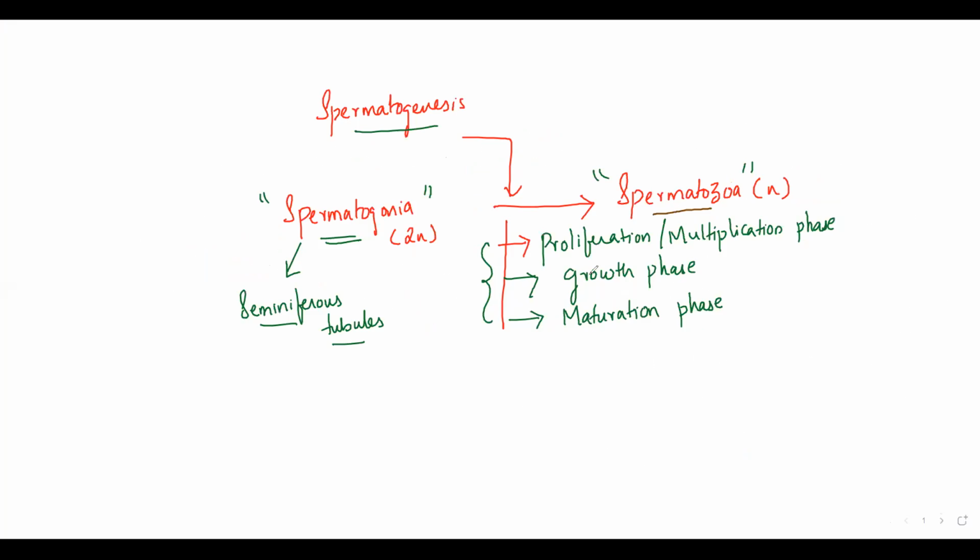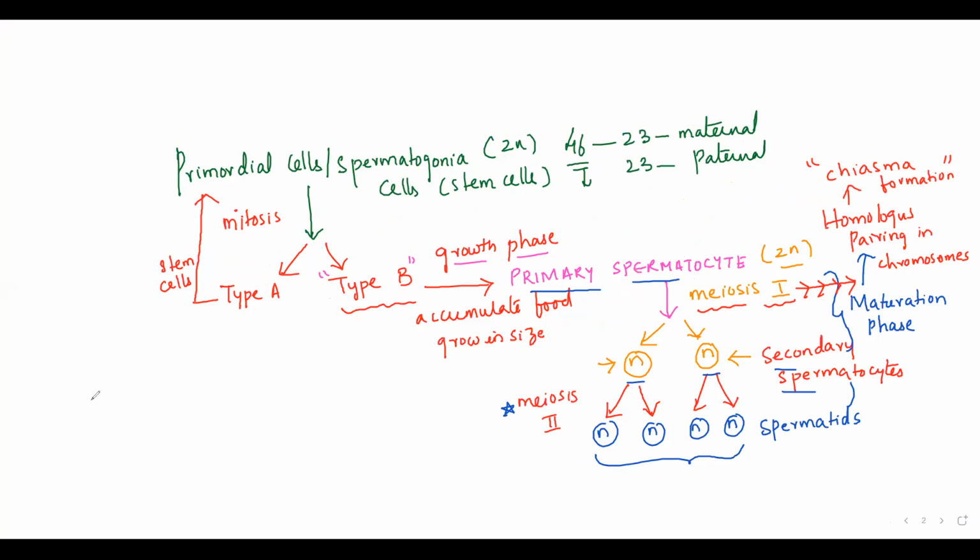So let me give you a recap of it such that you can remember it far better. Spermatogenesis is the production of the spermatozoa from the spermatogonia, basically divided into three phases: proliferation, growth phase, and maturation. In the proliferation phase, the spermatogonia divide by mitosis into type A and type B, where the type A will again develop into spermatogonial primordial stem cells, while the type B cells grow and form the primary spermatocytes, which undergo meiosis 1 division, during which there is homologous pairing of chromosomes, chiasma formation, and genetic exchange.